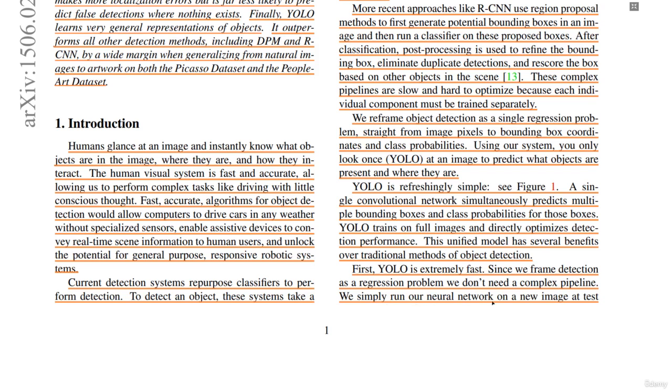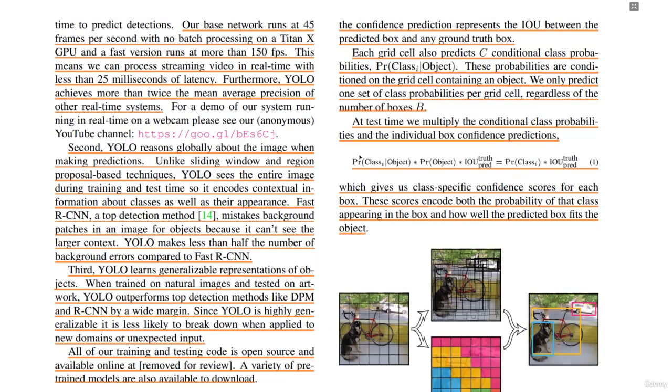We simply run our neural network on a new image at test time. Now this base network runs at 45 frames per second. So this means that if we're having a real-time video of 30 frames per second, then YOLO actually does object detection faster than real time.